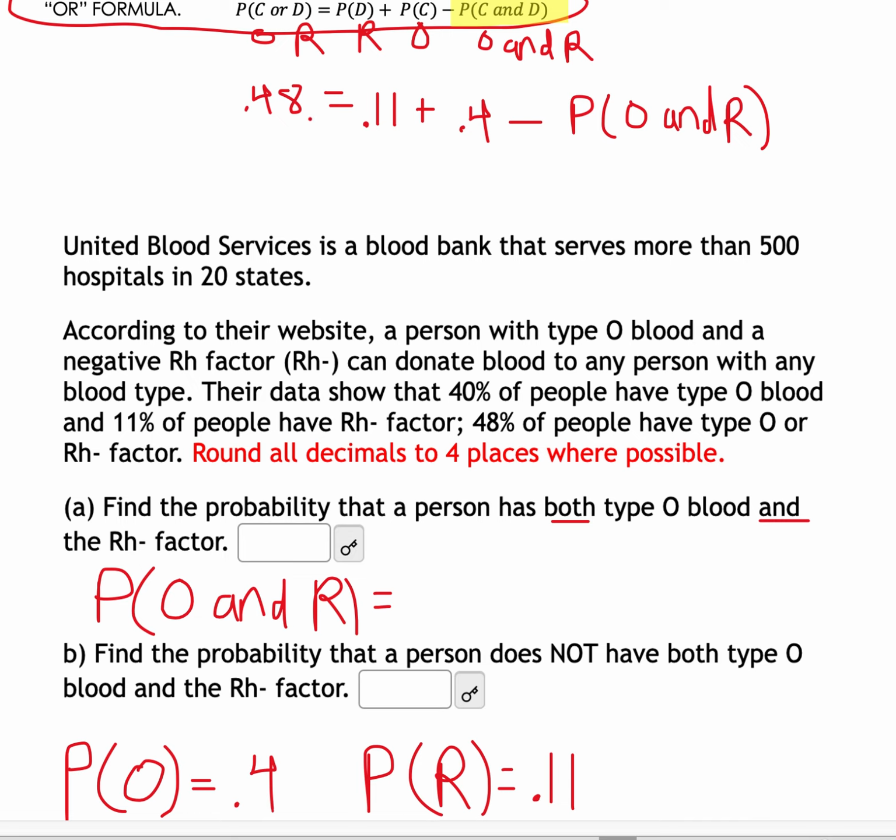So to solve this is a very basic algebraic equation. I have to solve this equation for this right here. So I'm going to subtract 0.11 from both sides, and I'm going to subtract 0.4 from both sides. What I'm left with on this side is negative P(O and R).